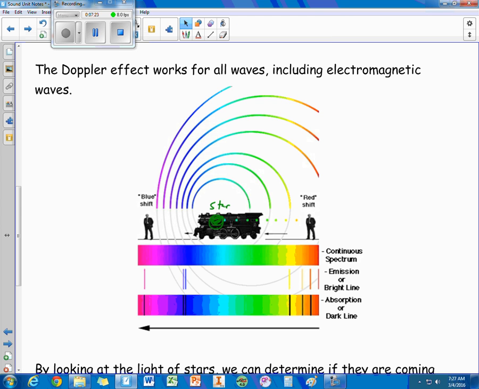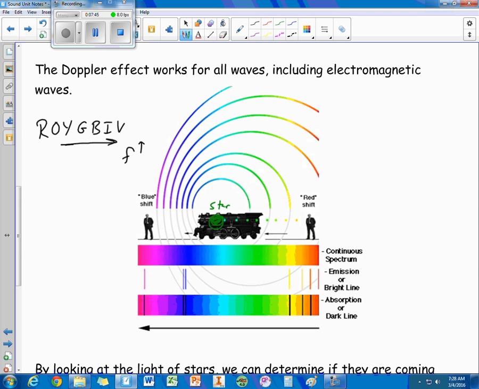Now, there's a fun little acronym called ROYGBIV. It shows you the order of colors: red, orange, yellow, green, blue, indigo, violet, where as you move towards the violet side, the frequency increases.